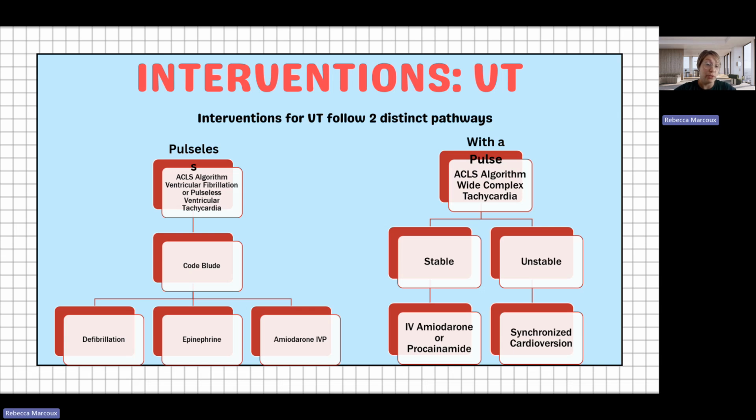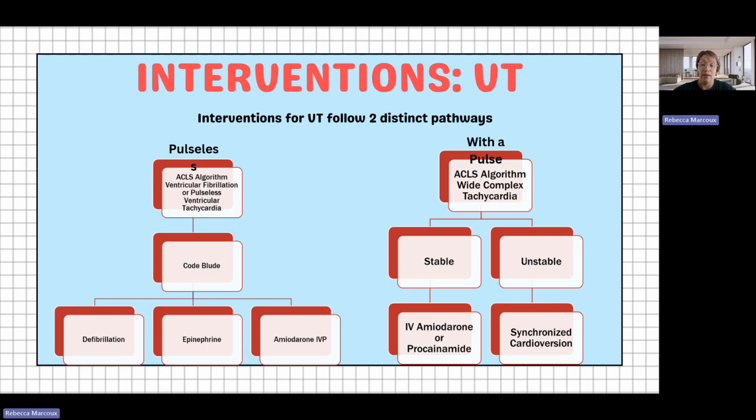This is a code blue situation. CPR needs to be started. We also need to prioritize defibrillation on this patient. This is one of our two rhythms that can be defibrillated. And we would give epinephrine and amiodarone.